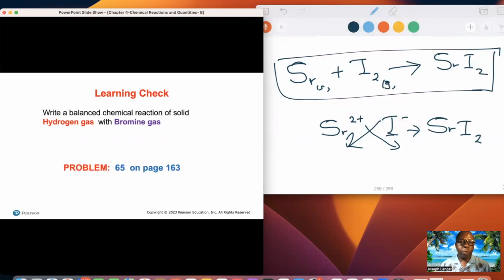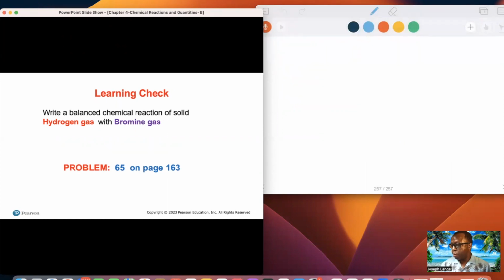Hydrogen gas and bromine gas. Remember, hydrogen gas is diatomic plus bromine, diatomic, to form hydrogen bromide. Hydrogen bromide. So this is Br2.